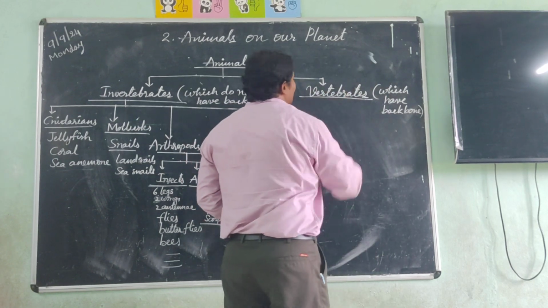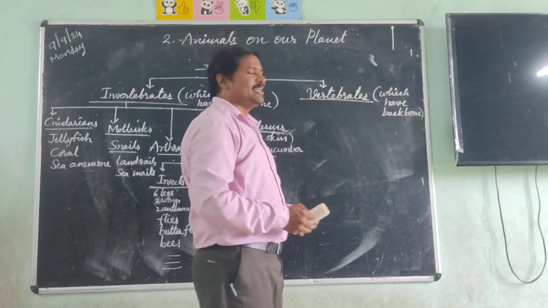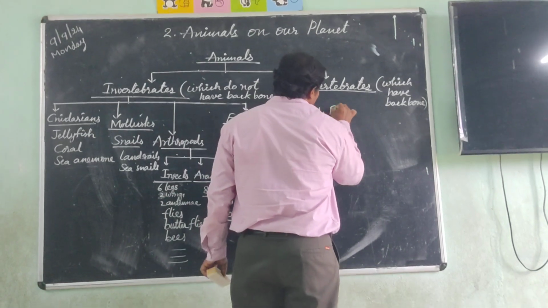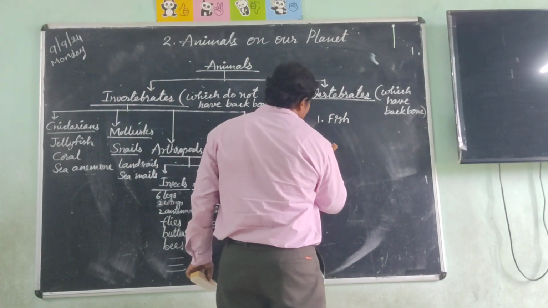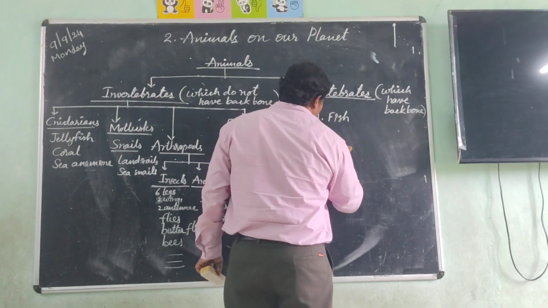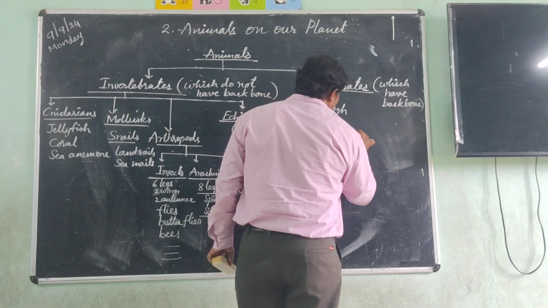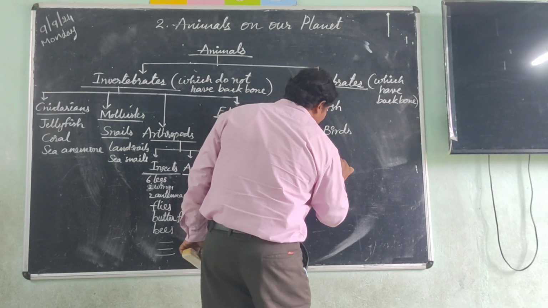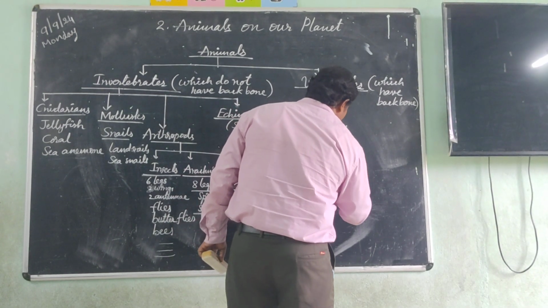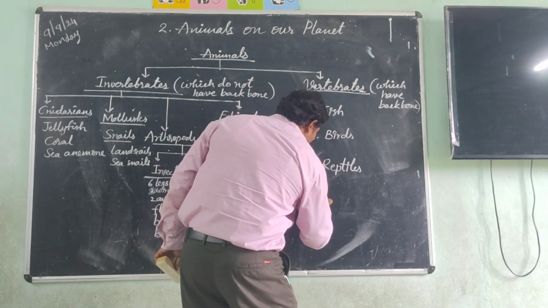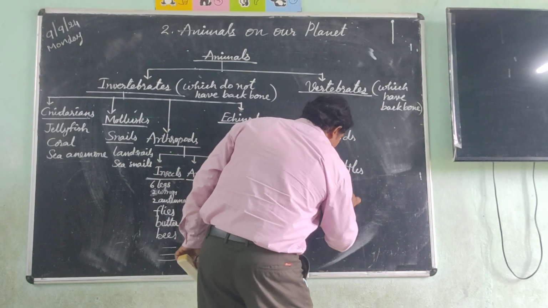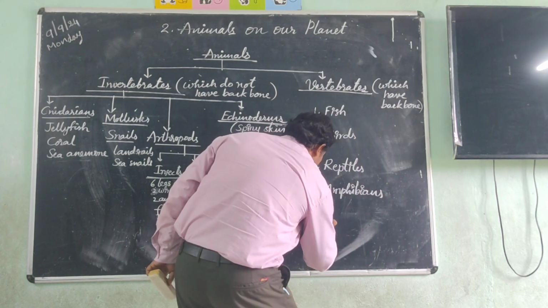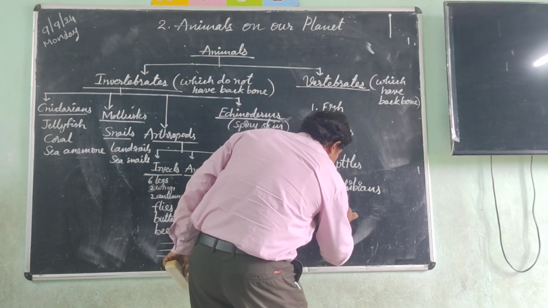This class of animals is again divided into 5 groups. What are those 5 groups? One is fish. Second, birds. Third, reptiles. Fourth, amphibians. Fifth, mammals.